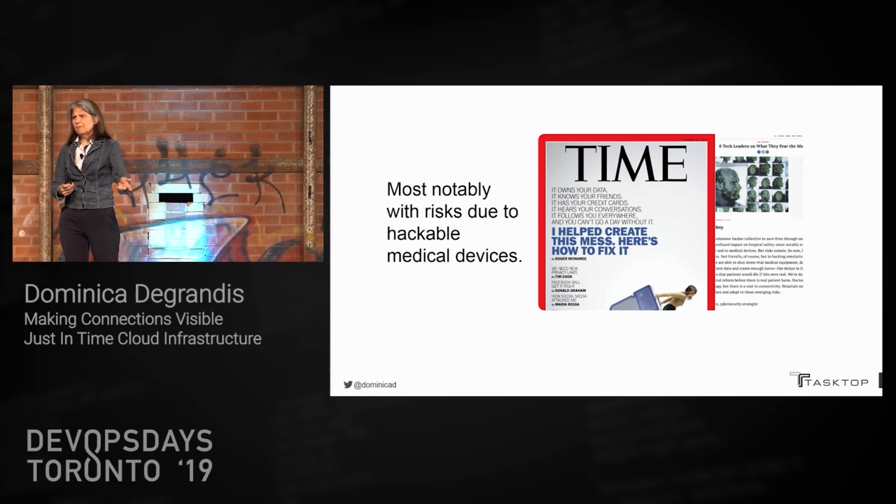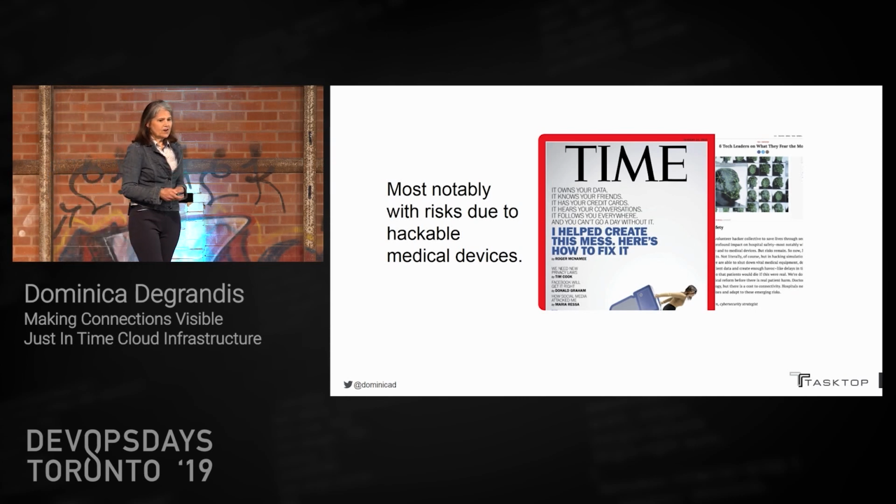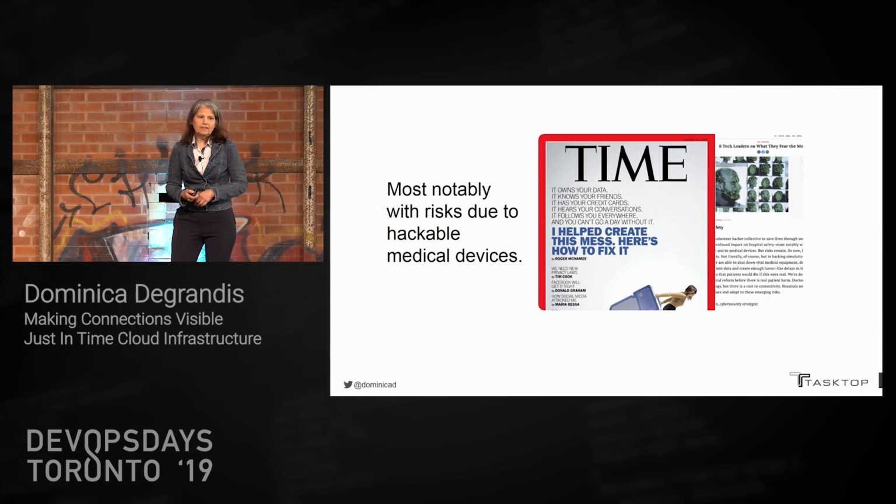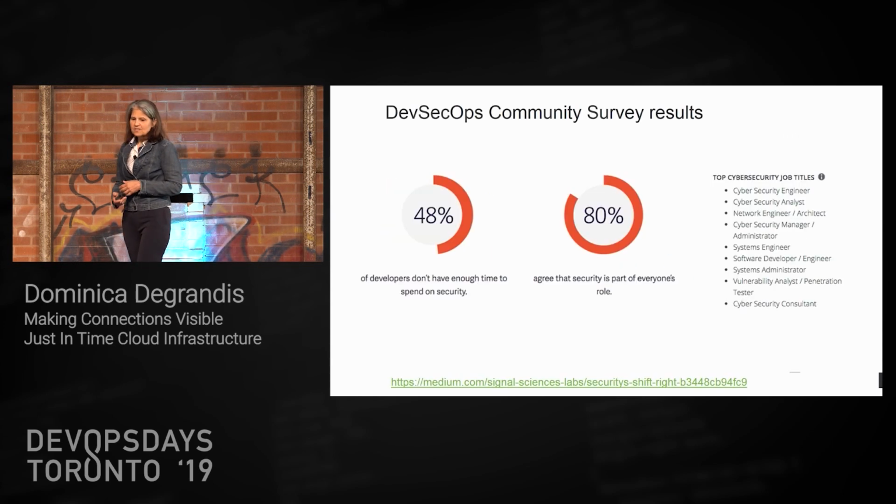So Josh Corman's team on the Cavalry was written up in the January issue of Time magazine. It turns out that the FDA and the Department of Homeland Security shut it down because of I Am the Cavalry. So clearly, there's a critical need for deep security experts.